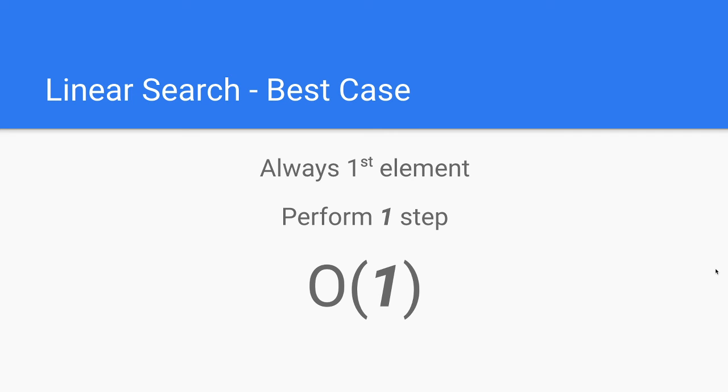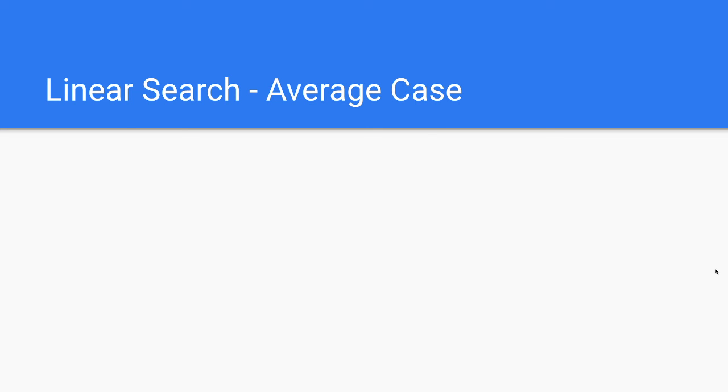Let's take a look at average case. Average case scenario means that the element that we are trying to find can be found right in the middle of the array. This means that if there are 100 elements in the array, the number that we are looking for will be in the 50th element and so on.